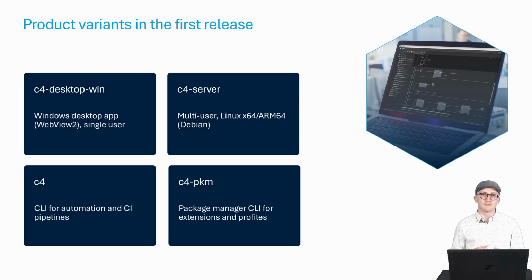This is the team variant, with user management, multi-user sessions and process isolation. C4 is the command line interface for CI/CD pipelines. Compile, build and validate projects with a JSON output option for machine-readable results. And C4 PKM is a package manager for extensions and profiles.